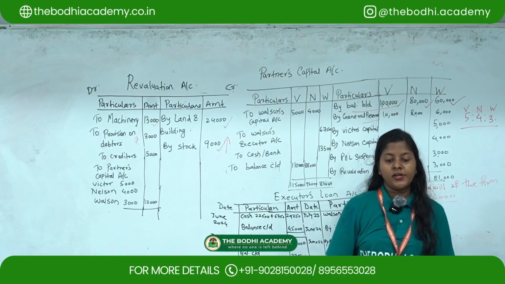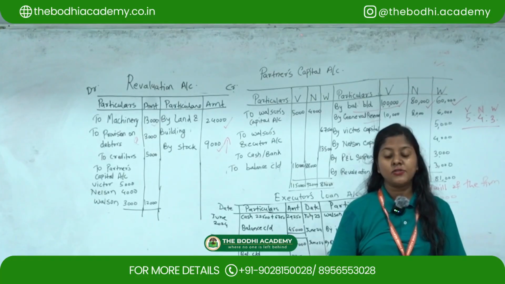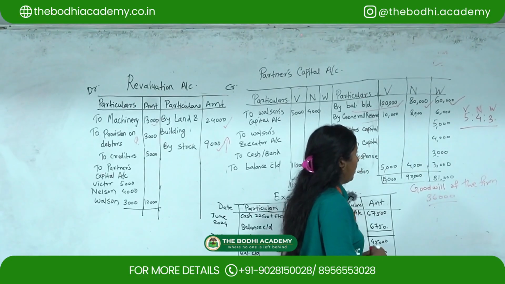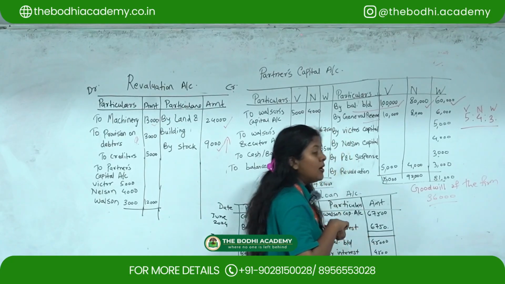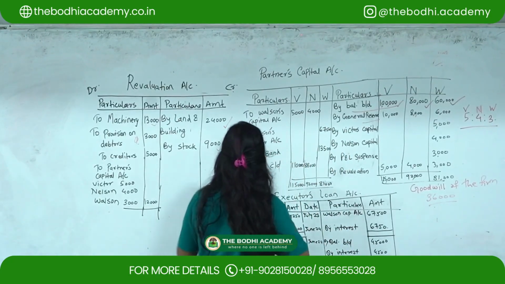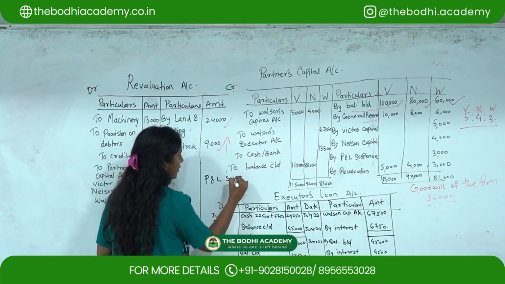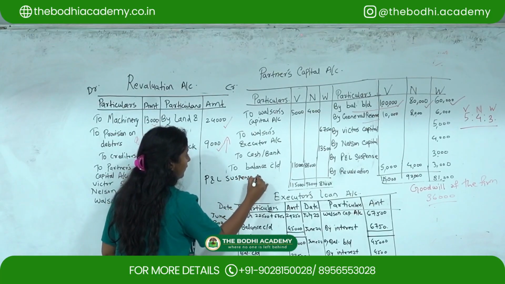Welson's share of profit up to the date of his death is to be calculated on the basis of profit of the previous year, which amounted to 48,000. So now you have to calculate profit and loss suspense account. How do we calculate this?